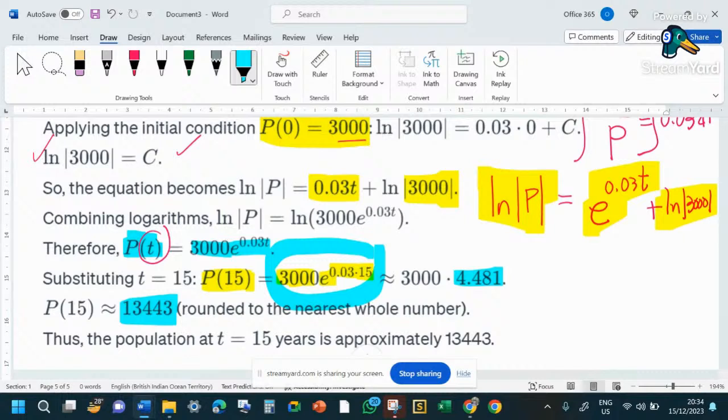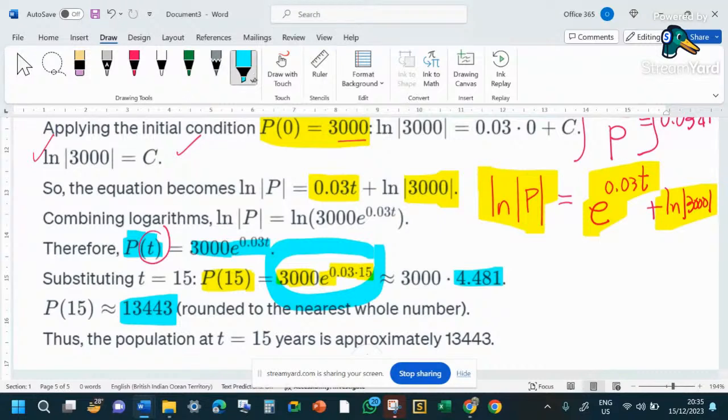It could be 13,442.1, .2, .3, .4, but it's not. It's 13,442.5, .6, .7, .8, .9. If that's the case, then it will be rounded up to 13,443.